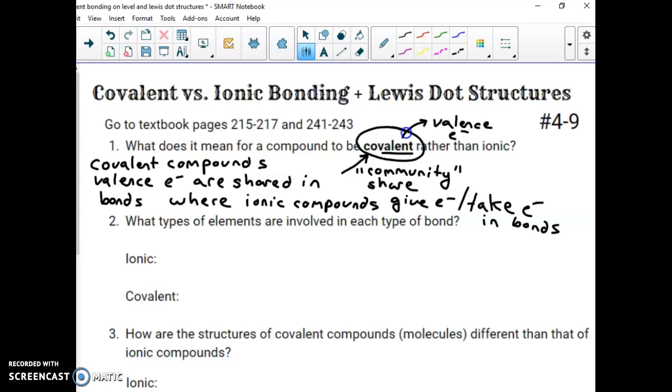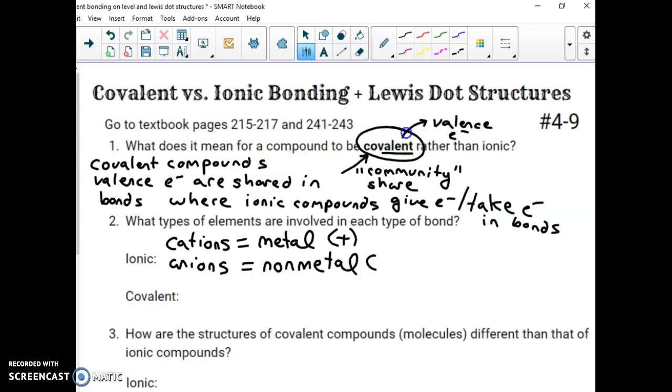So types of elements, we've talked about these before. In ionic compounds, you have your cations, which are typically going to be a metal element, and your anions, which are typically going to be your nonmetal. So you got both. You got your positive charge, your negative charge, and these things stick together.